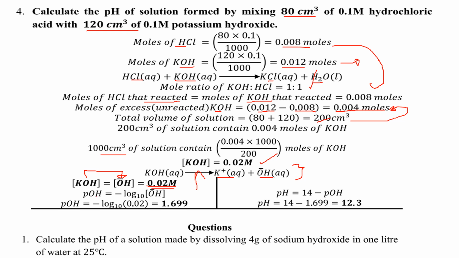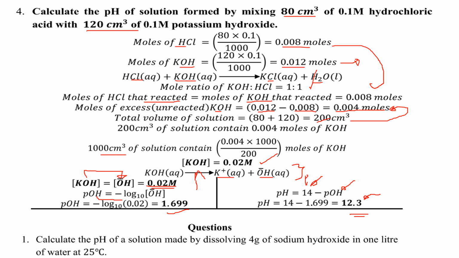So pOH is equal to negative logarithm to base 10 of the hydroxide ion concentration. Substituting for that, you're going to get 1.699. And pH from the derived expression is equal to pKw minus pOH, but pKw is the same as 14, and you have already calculated pOH. So 14 minus 1.699, you're going to derive 12.3 as the pH of that solution.